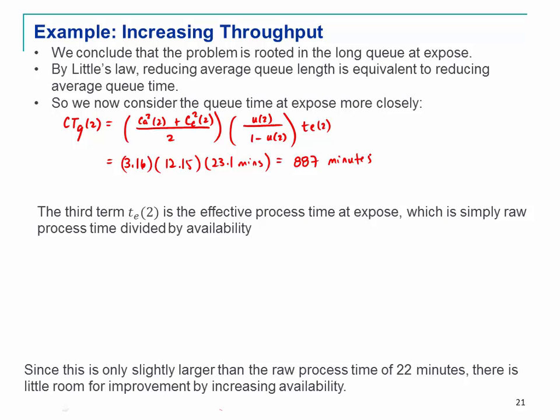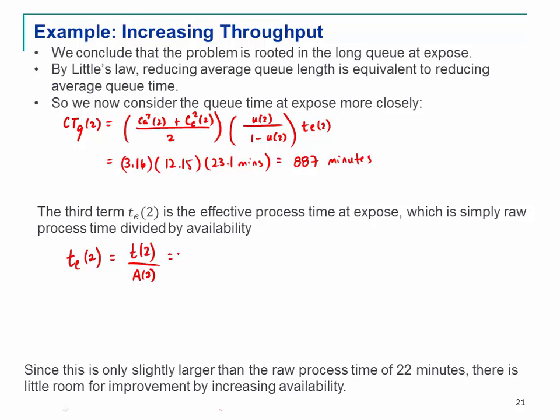So the third item, TE2, is the effective processing time at expose, which is simply the raw processing time divided by the availability. So TE of 2 is equal to the time that it takes to process that part on the second station divided by the availability of that machine.